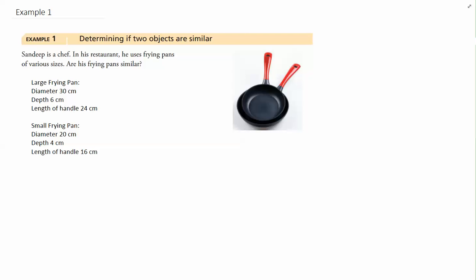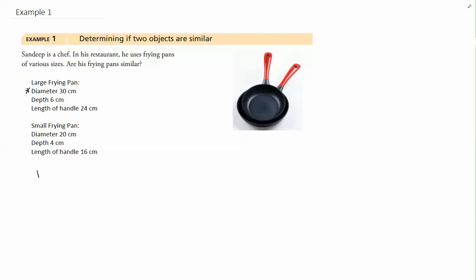Sandeep is a chef, and in his restaurant he uses frying pans of various sizes. We're being asked if his frying pans are similar. To determine if they're similar, we have to determine that each of the dimensions has the same scale factor attached to it. So we look at the diameter to start with.